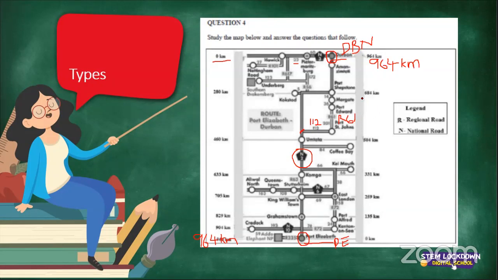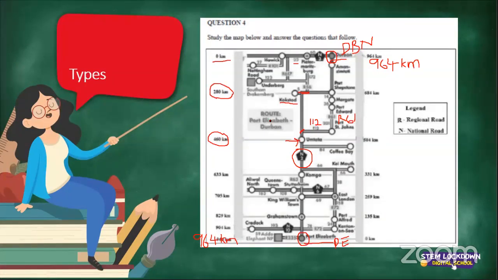Okay, these distances can also help us calculate the difference in distance traveled between two points on the main road. For example, if I want to know the distance between Kokstad and Umtata, it may not be clear on your map. Obviously, there are no numbers written on the main road, so I'll have to use numbers written on the left, because they tell us the distance of the main route.